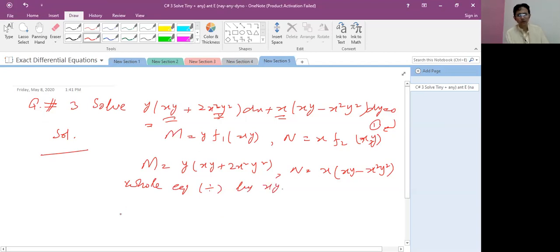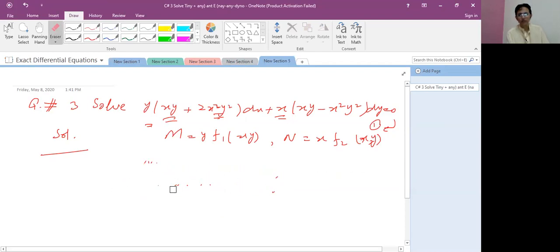Then we will remove them. So it means after identifying the m and n, you do not write this form, only the identification of the function. So this condition is called this.